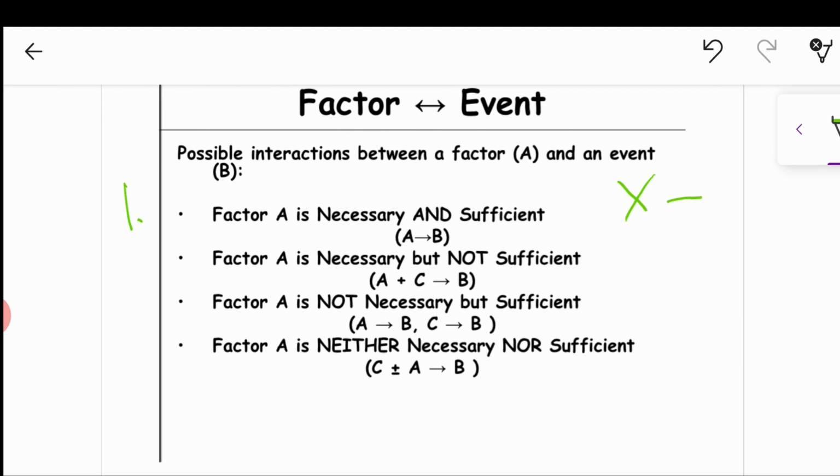Factor A can be necessary and sufficient. Okay, it's a weird one, but you just gotta go with it.